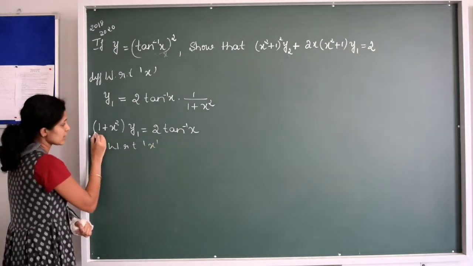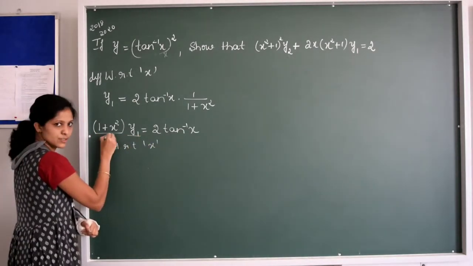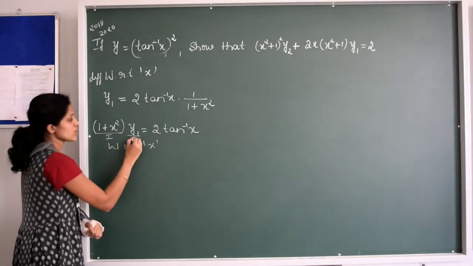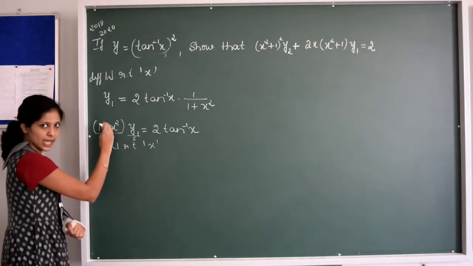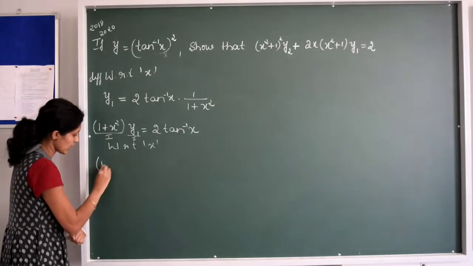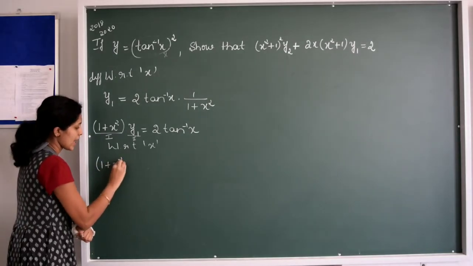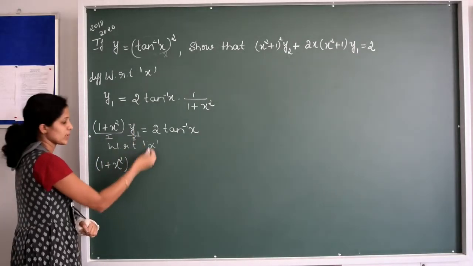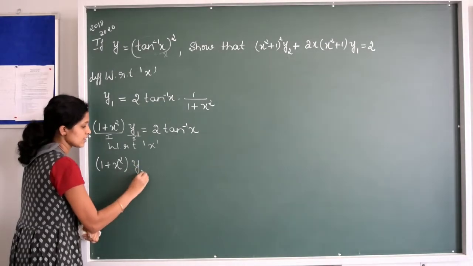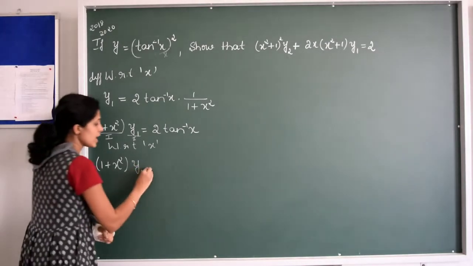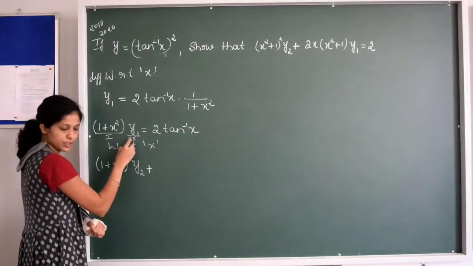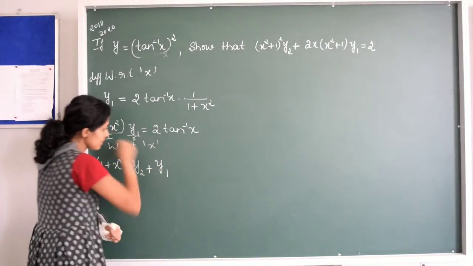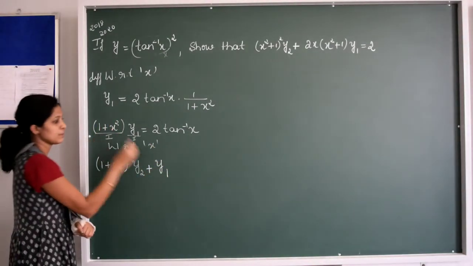Here you can observe, two functions are there, right? We consider 1 plus x square as the first function and y1 as the second function. So I will keep the first function as it is, that is 1 plus x square, and the derivative of y1 with respect to x will be y2. Is it clear? That is d square y by dx square, plus we will keep the second function as it is, that is y1, into the derivative of 1 plus x square.